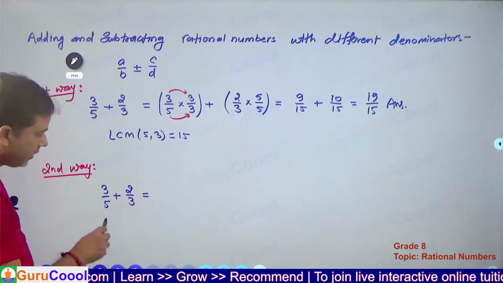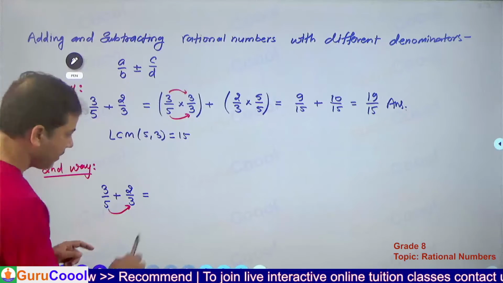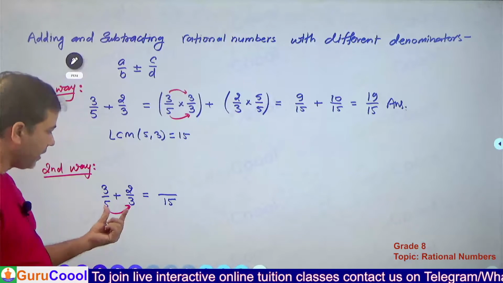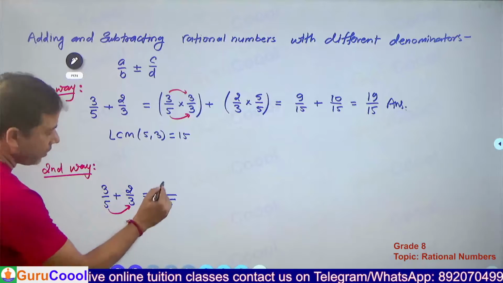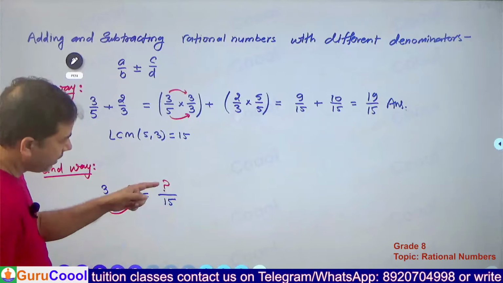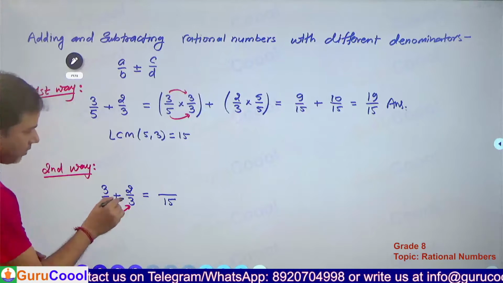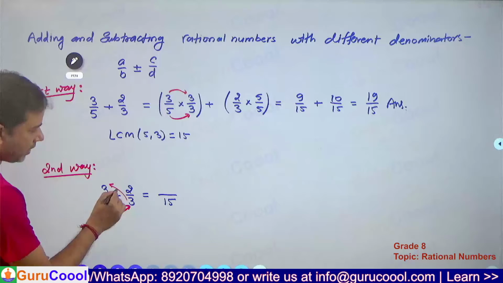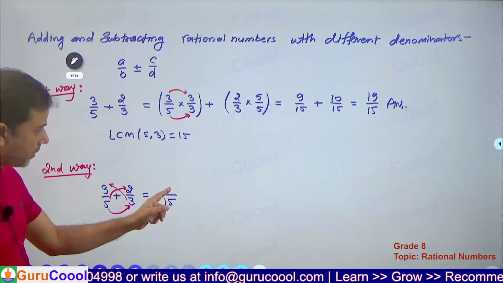You directly multiply their denominators and write it here. Directly multiply their denominators right here, and then for the numerator, we are going to find it. 3 times 3 plus 5 times 2.